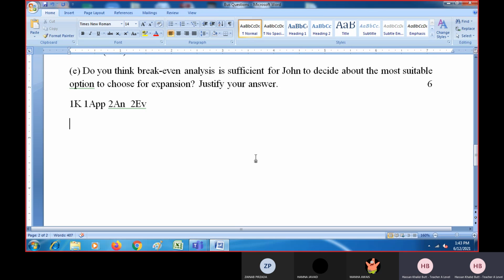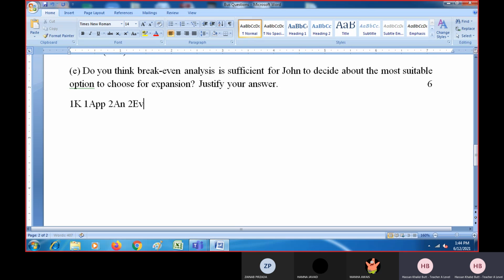Why? Because you have to first weigh up the advantages and disadvantages, and then you will be making a judgment. Evaluation is all about your judgment, giving your own opinion and recommendation. After discussing the advantages and disadvantages, you can make a judgment about it.